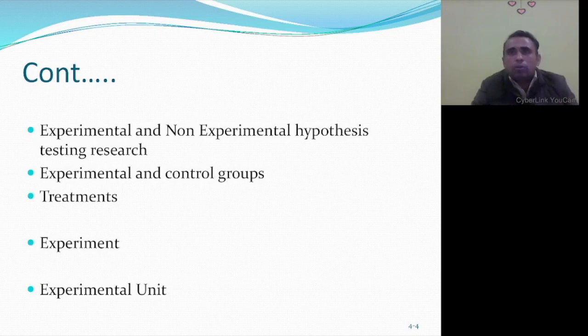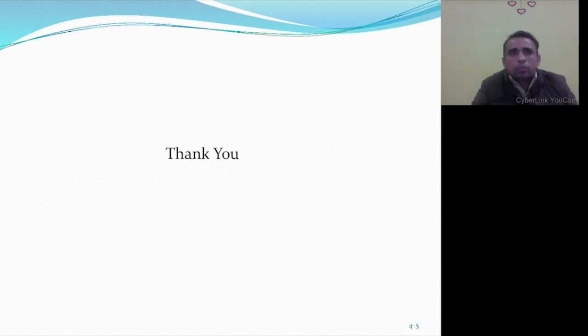In the above example, group A can be called a control group and group B an experimental group. If both groups A and B are exposed to the special studies program, then both groups would be termed experimental groups. It is possible to design studies which include only experimental groups or studies which include both experimental and control groups.